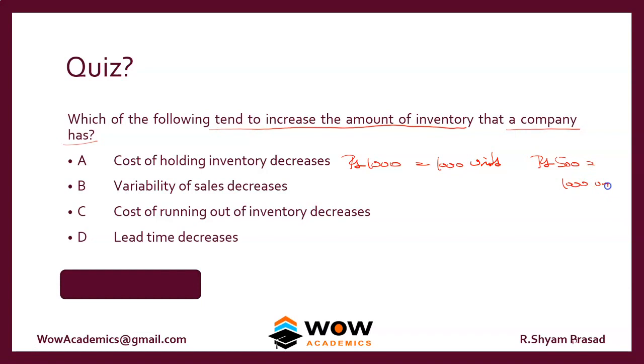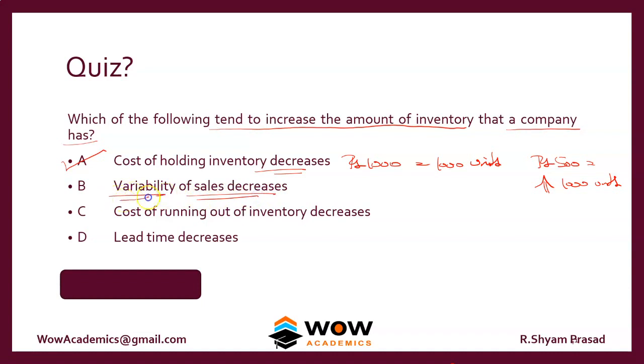So we will try to increase the number of units stored. When the cost of holding inventory decreases, it will always tend to increase the level of inventory held. So this is the right answer. Variability of sales decreases: only if there is high variability do we have to hold a larger amount of inventory.